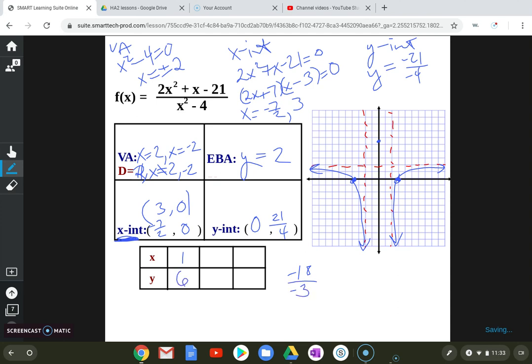So we get the point (1, 6), 1, 2, 3, 4, 5, 6, right? If you plug in a negative 1, we get 2 minus 22, so we get negative 20 over negative 3, which is 6 2/3. So it's not perfectly symmetric, but it is going to go something like that. And there's your graph.